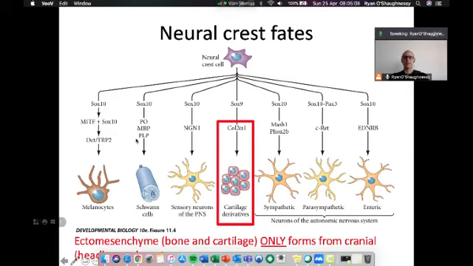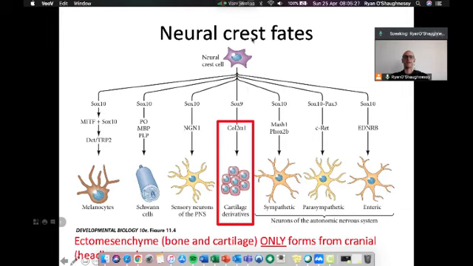And you can see different combinations of transcription factors will lead to different fates, such as Schwann cells, sensory neurons of the central nervous system, and neurons of the autonomic nervous system.